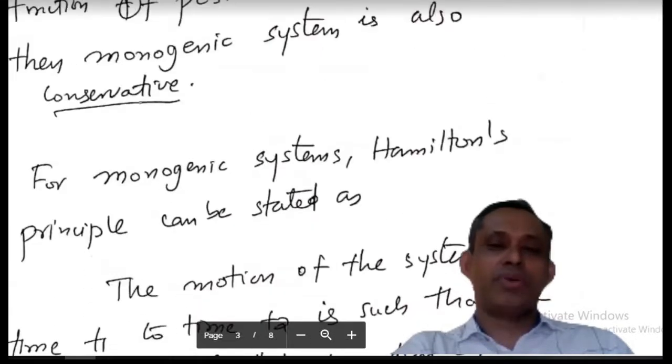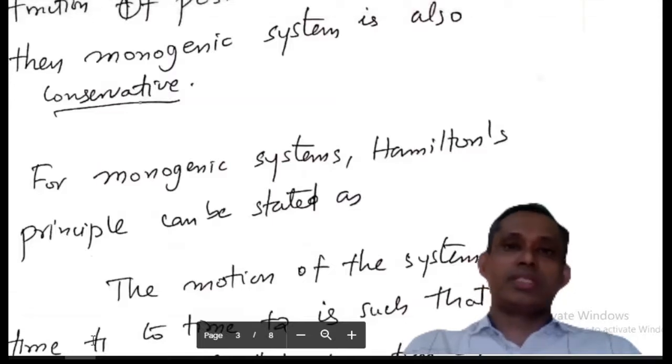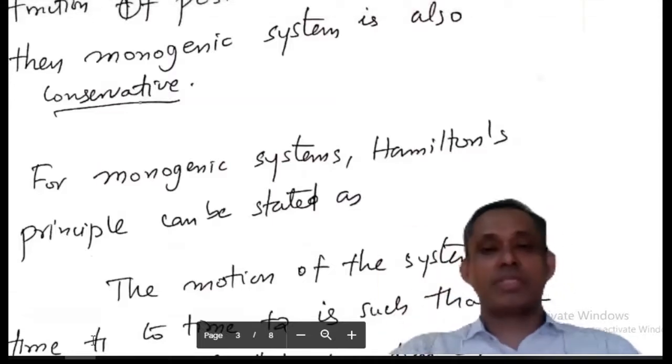Hamilton's principle for monogenic systems. What are monogenic systems?